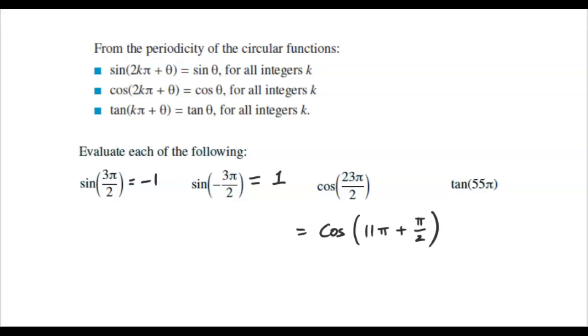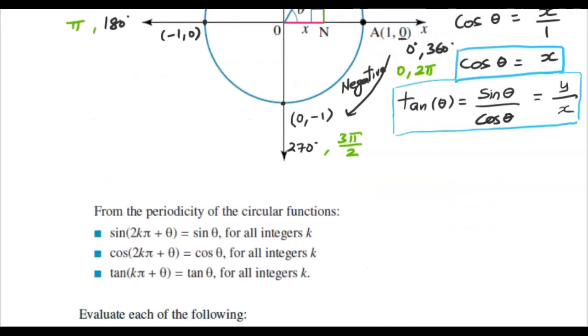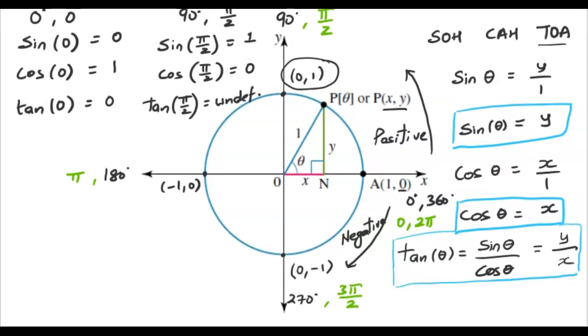Right, now I'm going to go back to my unit circle. We have 0 degrees on the right hand side, or 0 pi, and then we complete to 1 pi, and then 1 revolution takes us to 2 pi. What I can see from here is my 11 pi is going to be at the same position as 1 pi.